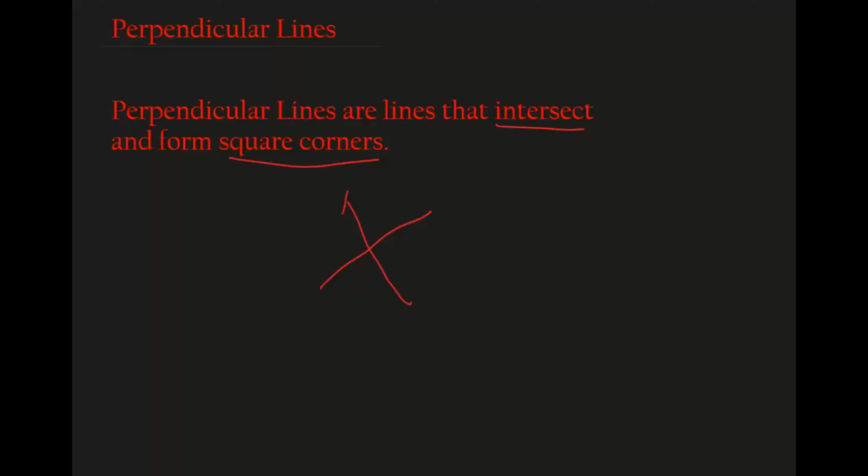That means, let's have one here, here, here, and here, because the lines are not ending. Now, obviously, as you can see, they do form square corners. If you draw a square here, like this, it looks like a square. So yeah, that's what a perpendicular line looks like.